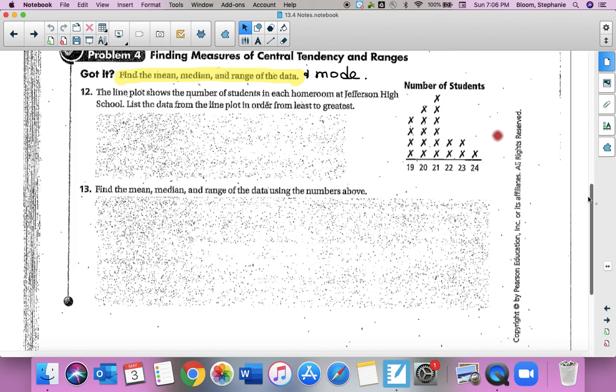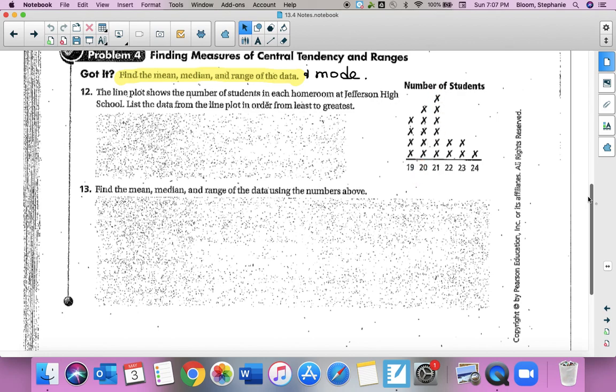So by homeroom, here's what we have. We have 19 that have 4 students. Wait, is that what's going on here? Oh, 4 homerooms have 19 students. And then 5 homerooms have 20 students. And so on.